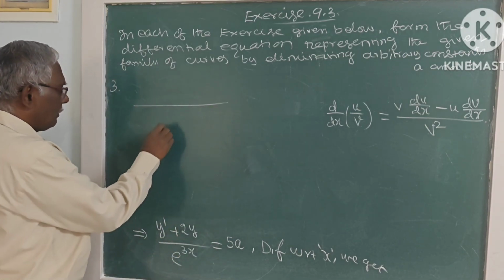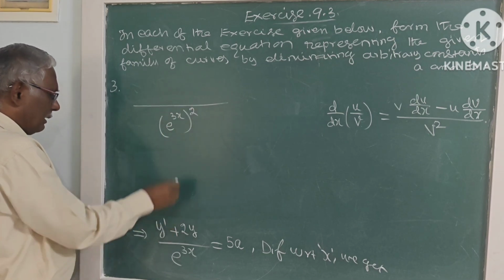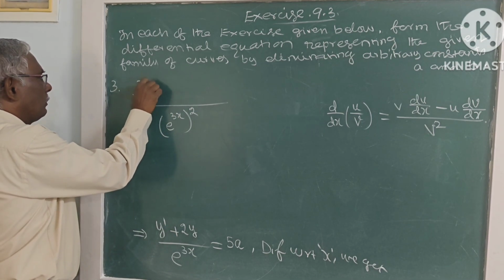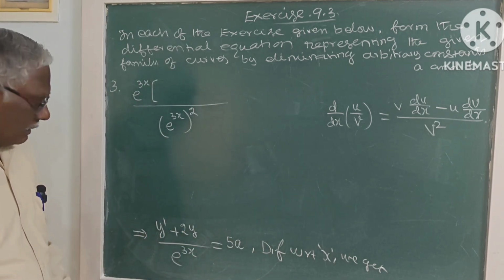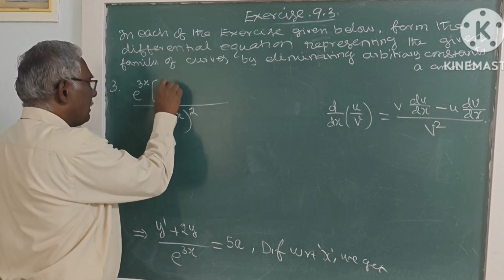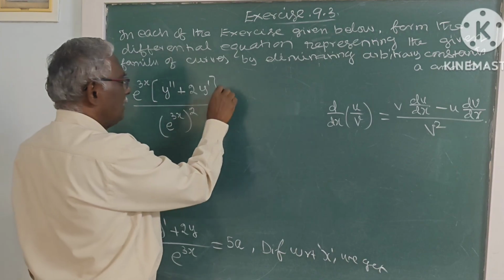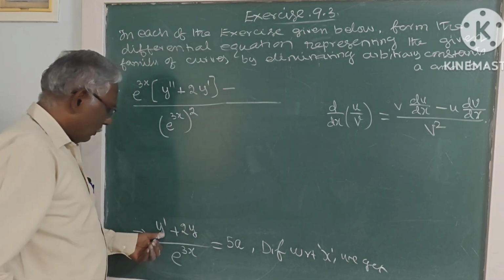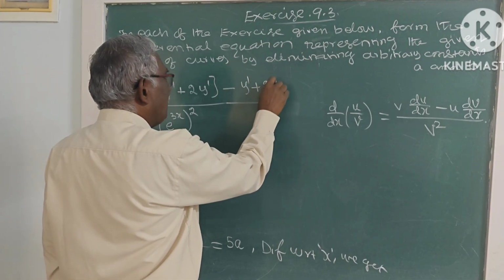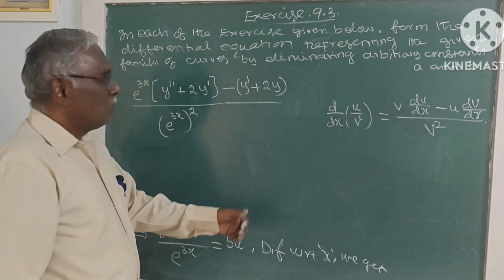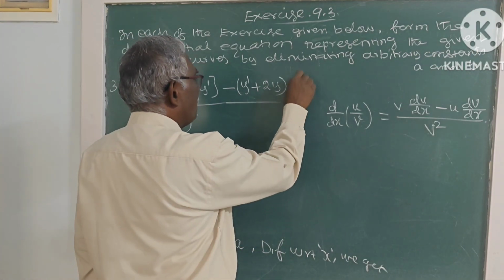So v square, e power 3x whole square, then e power 3x, then a differential of numerator, y double dash plus 2y dash, minus, then write this as such, y dash plus 2y, again differentiation of e power 3x. e power 3x into 3 will come.